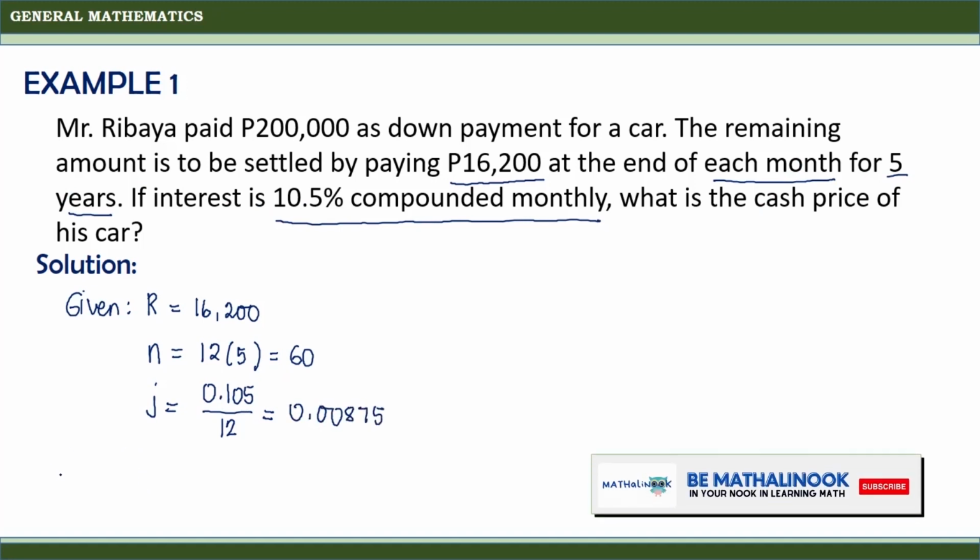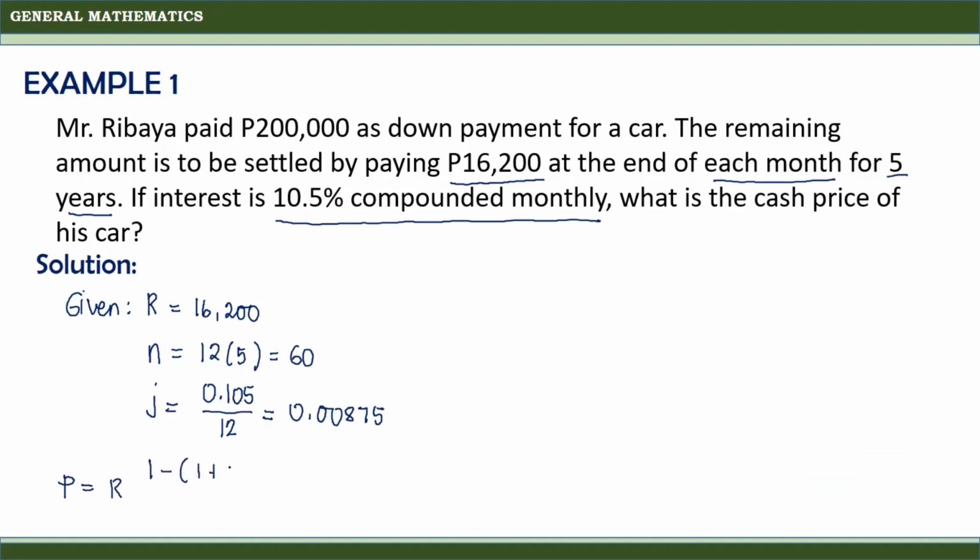Now, to find the present value, we will be using the formula P is equal to R times 1 minus quantity 1 plus J raised to negative N all over J. Since we are now complete with our given, we can now substitute the values of R, N, and J on our formula, giving us P is equal to 16,200 times 1 minus 1 plus 0.00875 raised to negative 60 all over 0.00875.